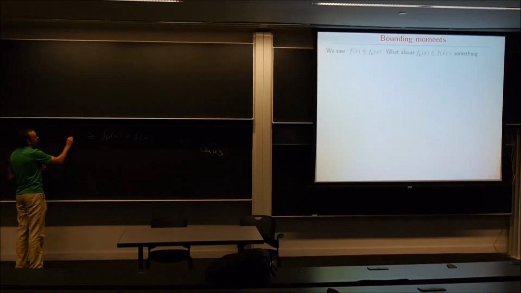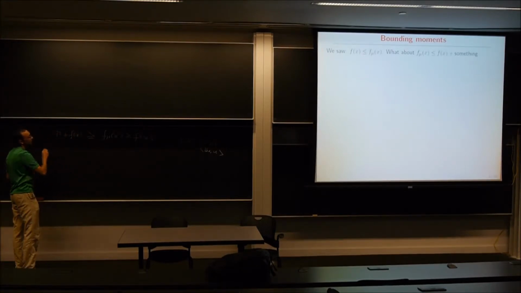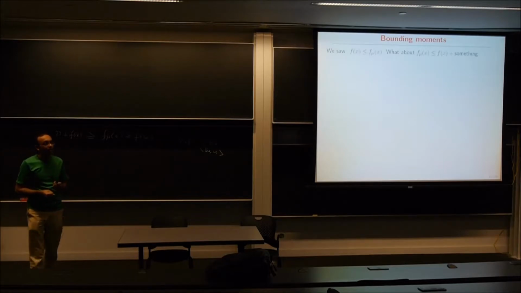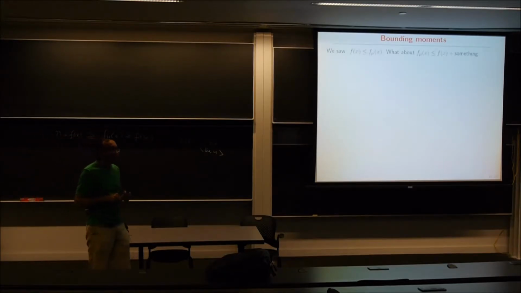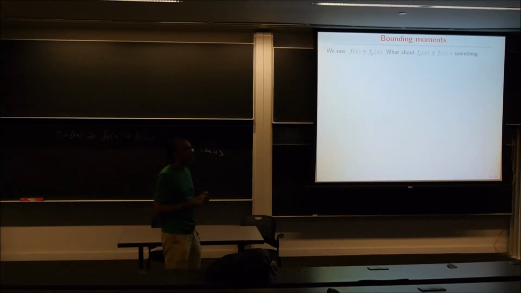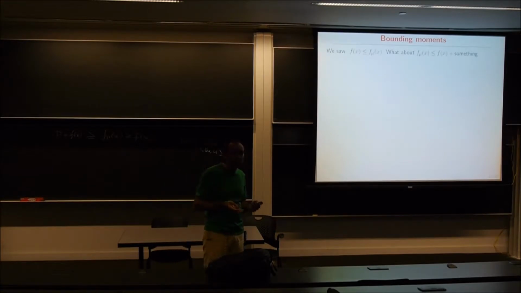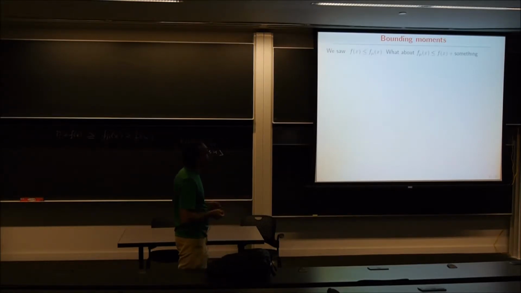So f of x plus what? Essentially we are trying to see how far, because this sandwich inequality tells you how far f is from f mu, and you'd like to know that. Of course, it is going to be a function of the density with which you're convolving. If the density is crazy, then that should show up here. Let's see how the Gaussian shows up.